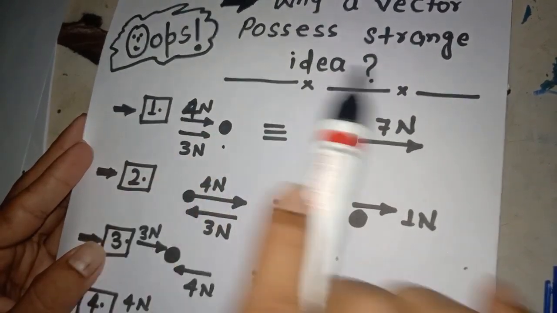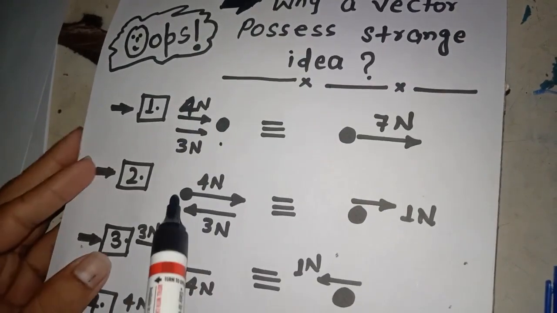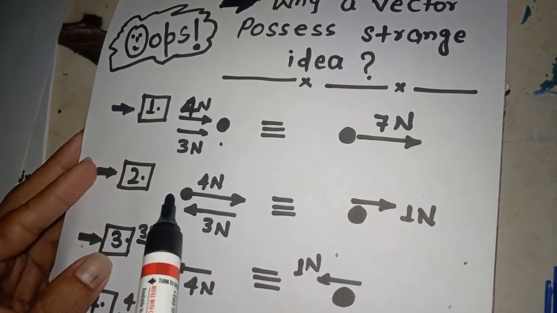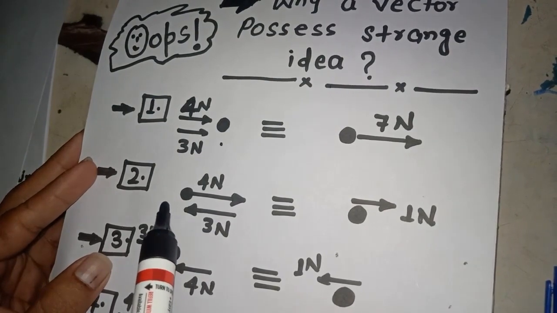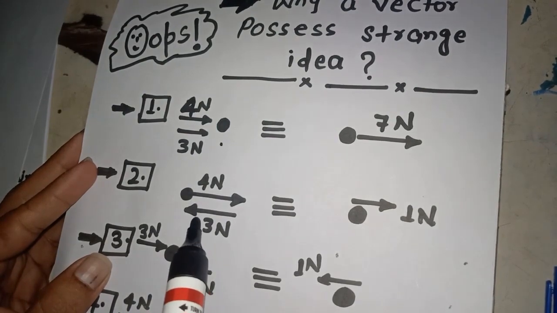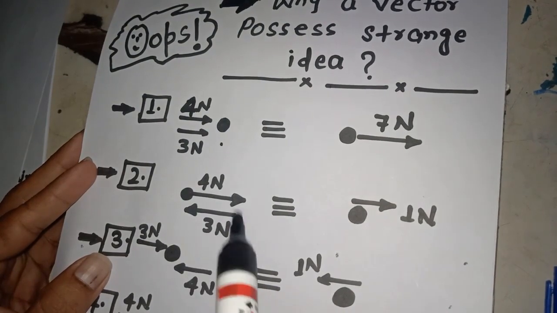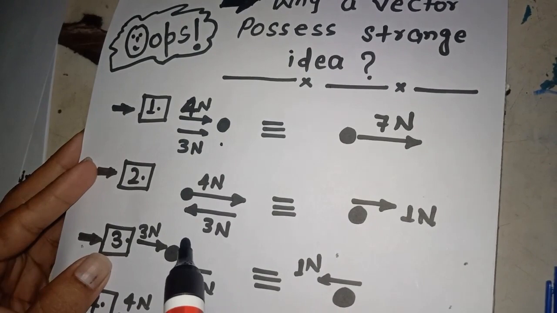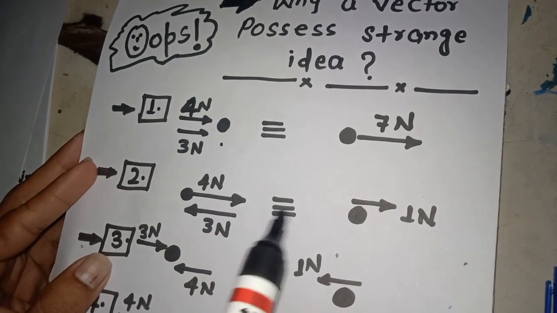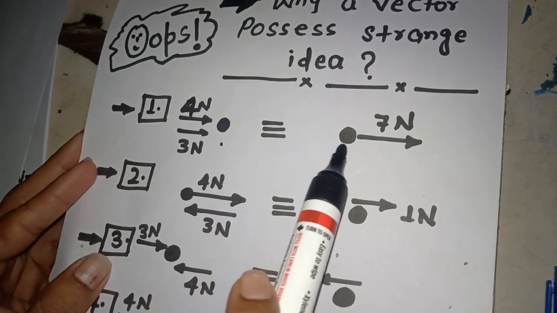You can also say this is a kind of scalar addition. Now here you can see if a player gives a kick of about 4 Newton and another player gives a kick of 3 Newton in the opposite direction, then what will happen? Surely the ball will be slower than before.